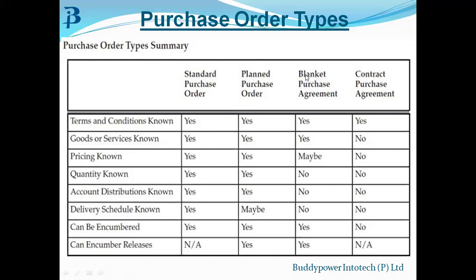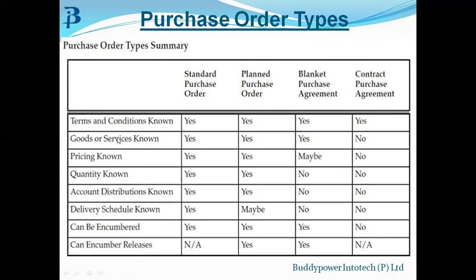Then comes your blanket purchase agreement. You create blanket purchase agreements when you know the details of the goods and services you plan to buy from a specific supplier in a period, but you do not yet know the details of your delivery schedules, right?